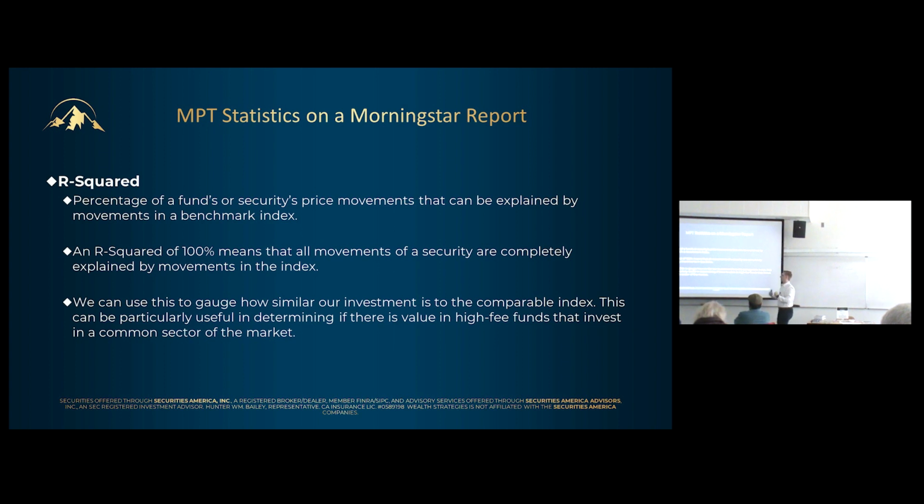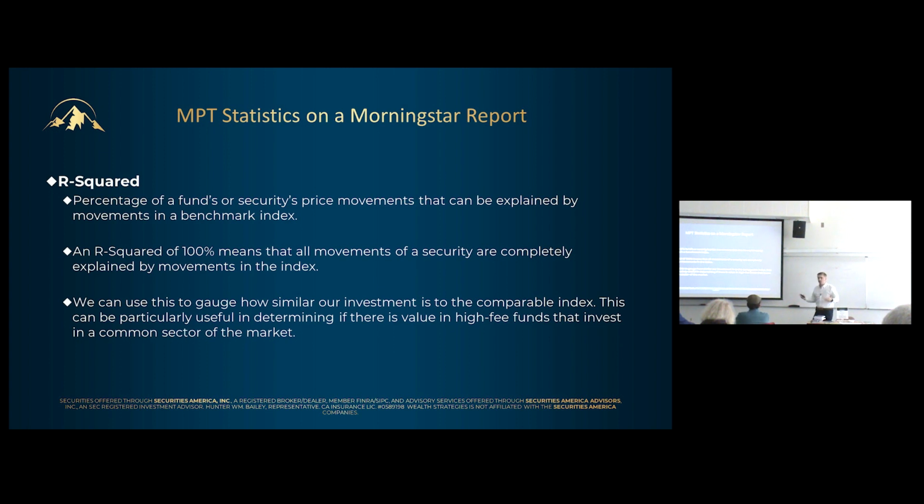So if you're looking at an equity fund, let's say a managed fund from something like Vanguard or American Funds or Franklin, it doesn't matter what the name is. Let's just say they're picking stocks and trying to be a growth fund. Now, if I look at that and use the S&P as a comparison, and I see that my R squared is something like 97%, 97% of my returns can be explained by what happens in the S&P 500.